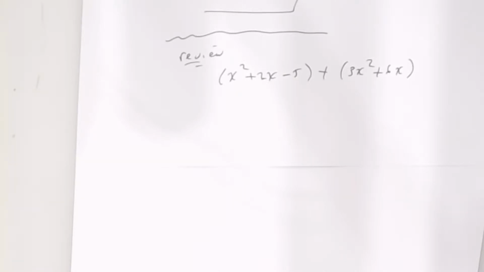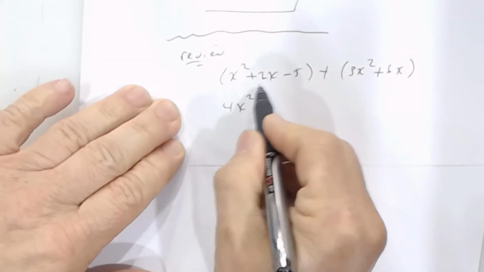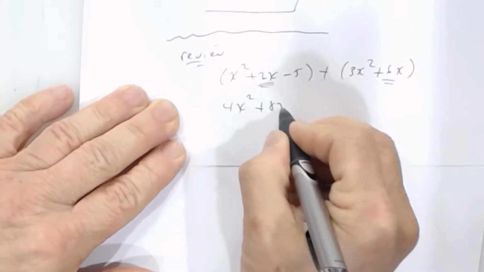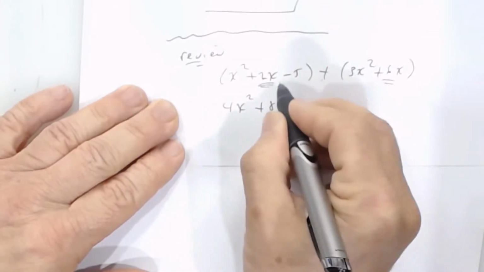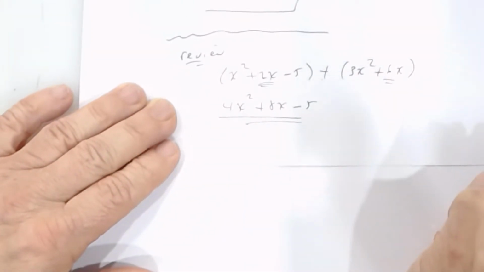Combine like terms. So what is x squared and 3x squared? 4x squared. What is 2x plus 6x? 8x. And then there's only one constant, so what's the final part? Minus 5.